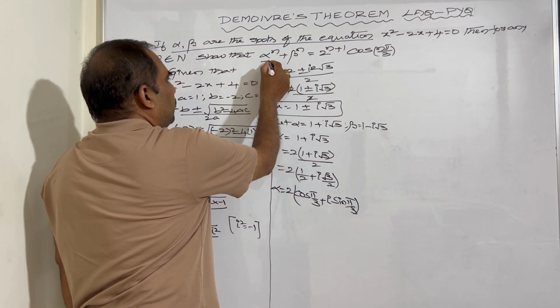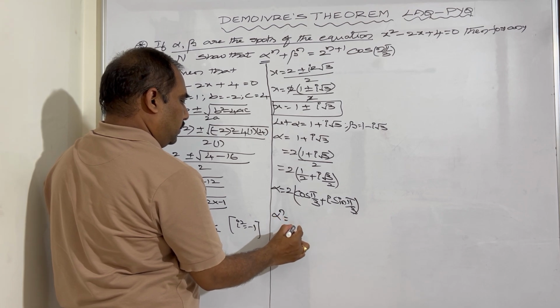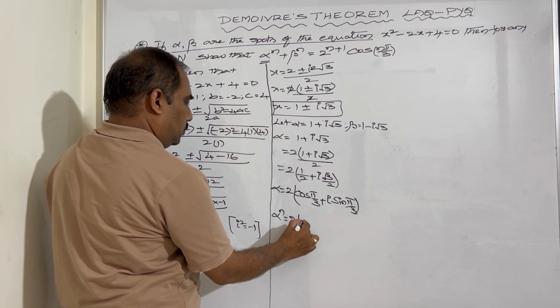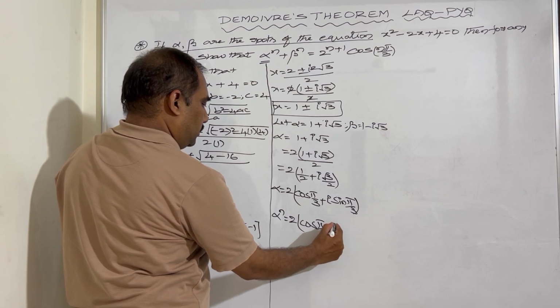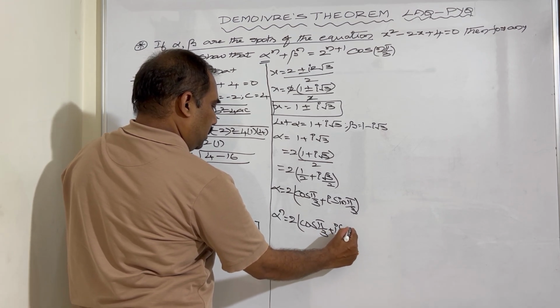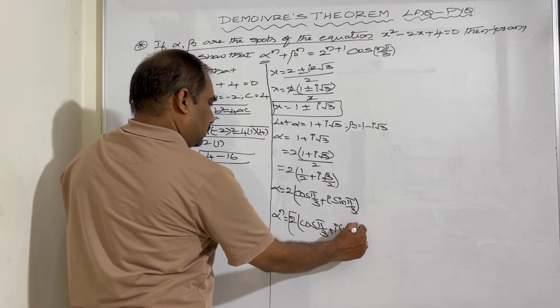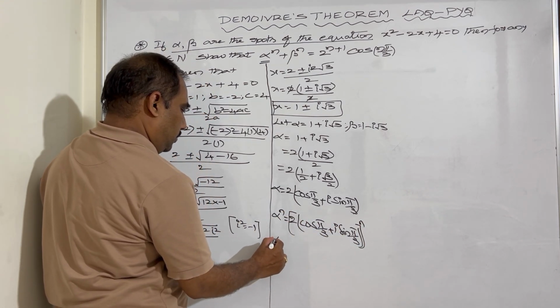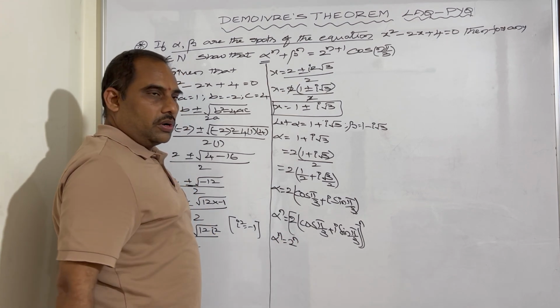Now here what is given? Alpha to the power of n. Alpha to the power of n is equal to 2 into cos pi by 3 plus i sin pi by 3, whole to the power of n. If you apply De Moivre's theorem, alpha power n is equal to 2 to the power of n.